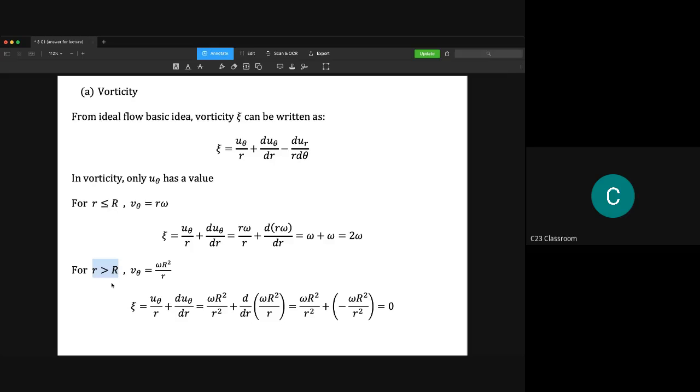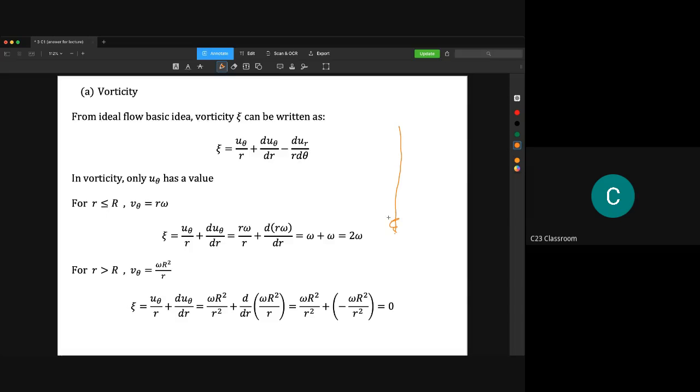It means that outside the tornado there is actually no rotating flow. It is something like this. For example, we have a tornado here, and this is the axis.